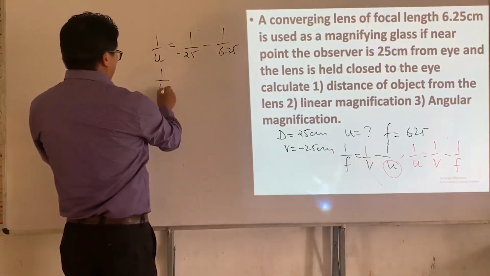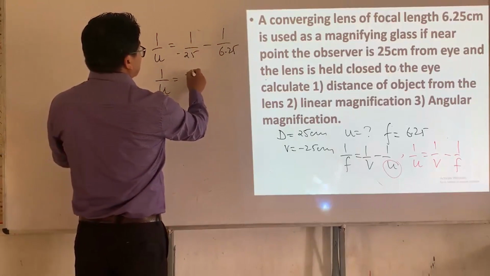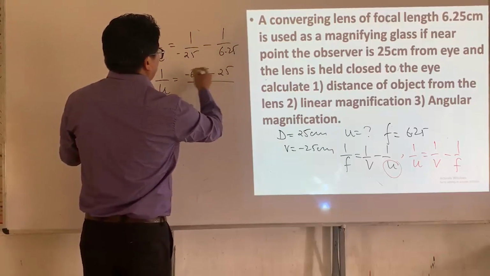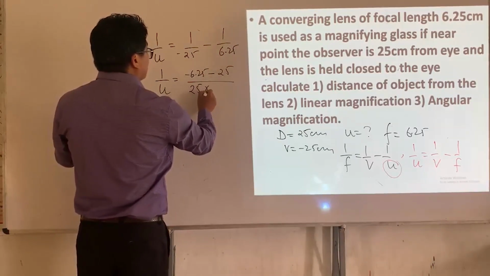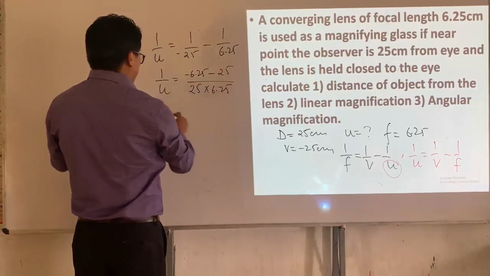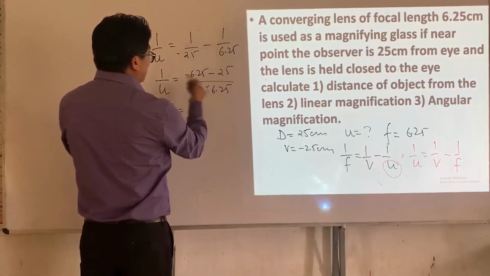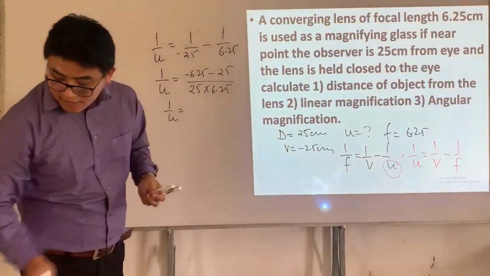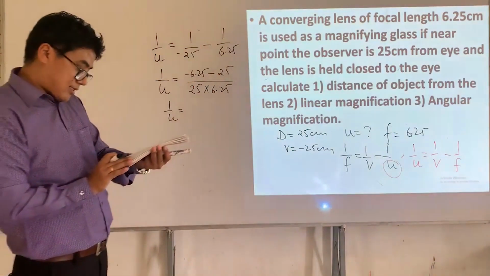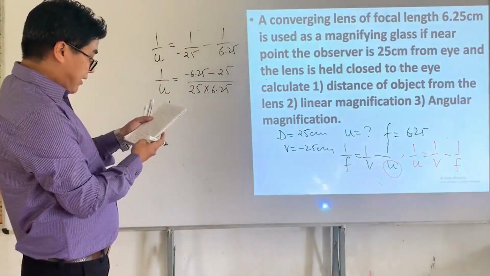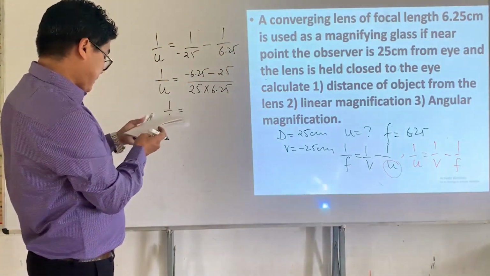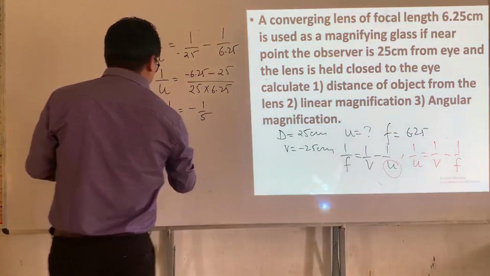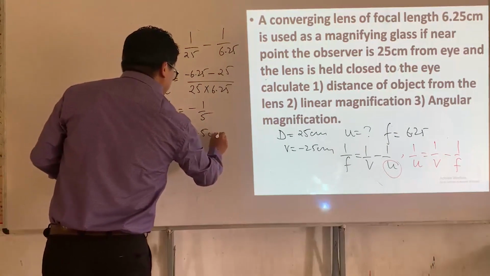And then look at here, minus 6.25 minus 25, over 25 into 6.25, and 1 by u is equal to, you just add, and finally we get u is equal to minus 1 by 5, and u is equal to minus 5 centimeters.